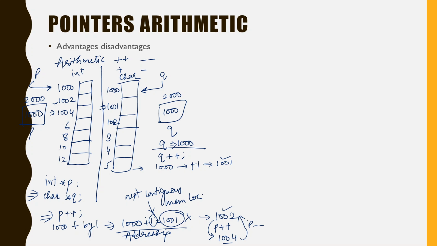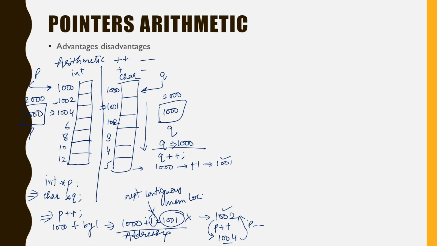And if it is a decrement operator, then the current address would be decremented by 4 bytes to reach the previous element. So this is one of the applications that we will use to scan an array without the help of indexes, with the help of pointers only.